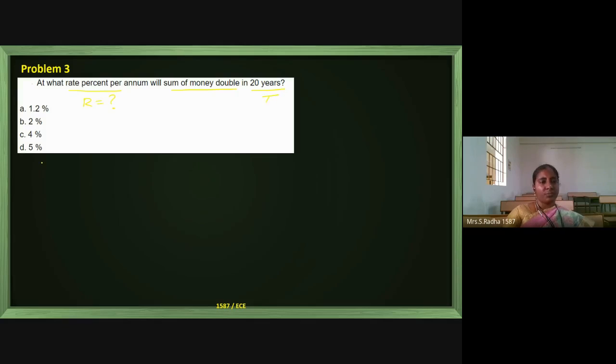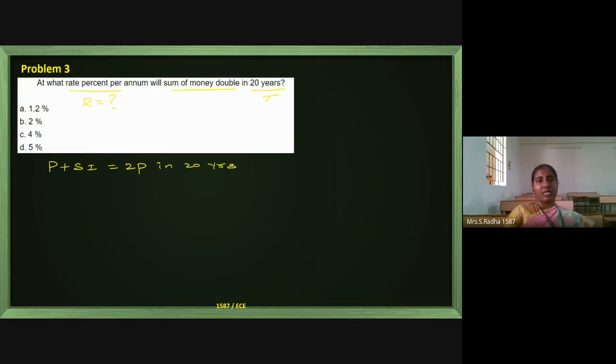If you see the details they have given, principal amount plus simple interest is going to be 2 times the principal amount in 20 years. This is the equation I have written from the sentence.